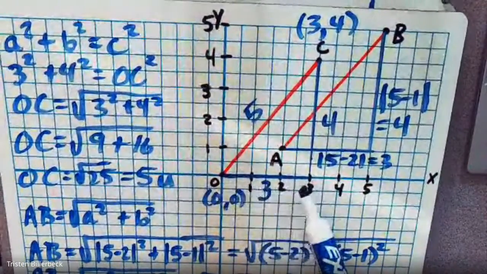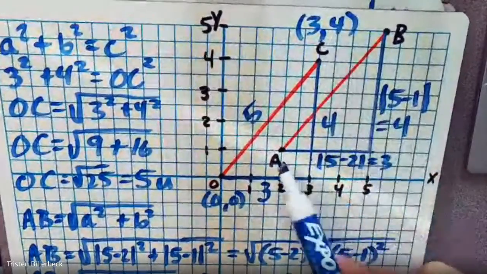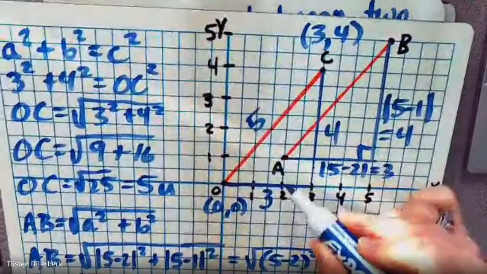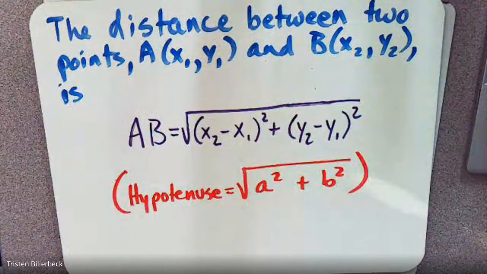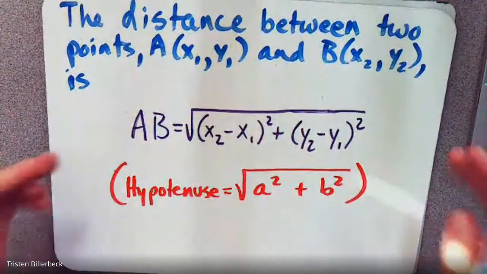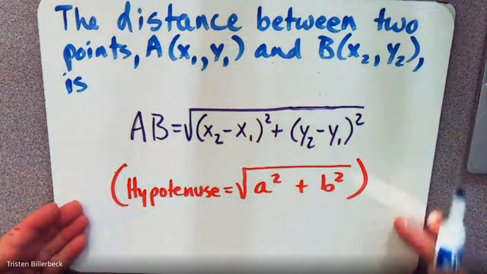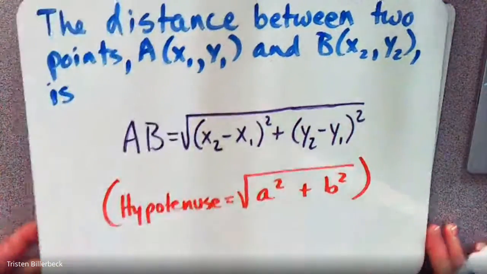So we have the x value and the y value, the x value and the y value, and both of these are right triangles. So we can apply the Pythagorean theorem. So basically the distance formula is the Pythagorean theorem written out in a slightly different way.